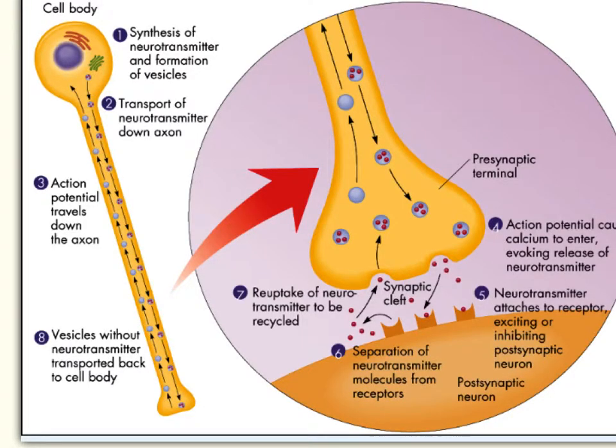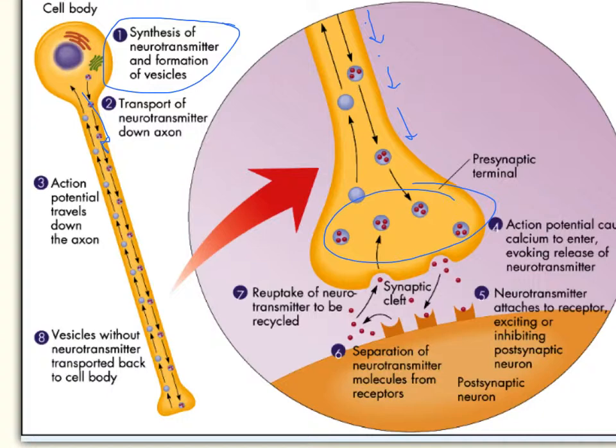All right, so when we look at this picture here, we can see up here the synthesis of a neurotransmitter, which is taking place up in the cell body. Those vesicles then move down the axon, and then as they're sitting down here waiting, once we have our action potential moving down, the action potential will get down here on the presynaptic terminal. And actually what I'm not showing here is there's a calcium channel there.